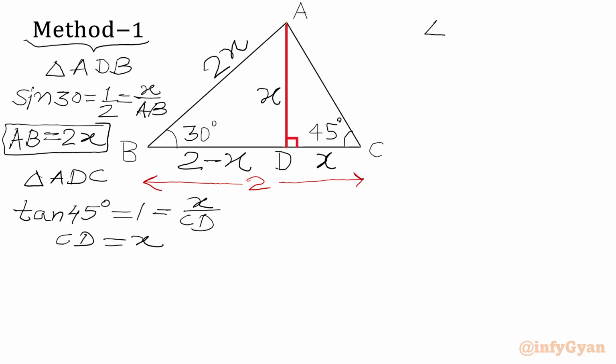Now in triangle ADB, we are going to apply the Pythagoras theorem. So we can write here (2x) whole squared will be equal to (2 minus x) whole squared plus x squared.